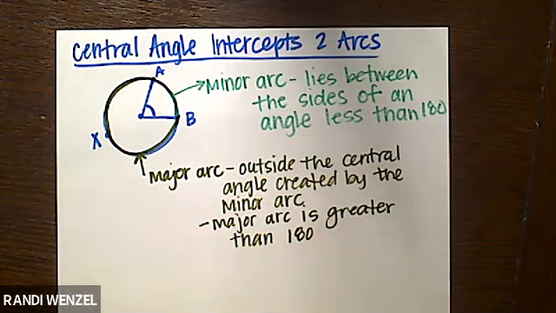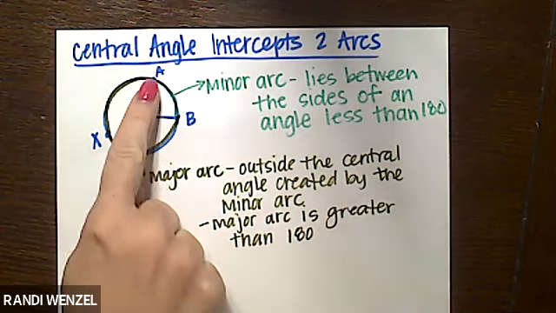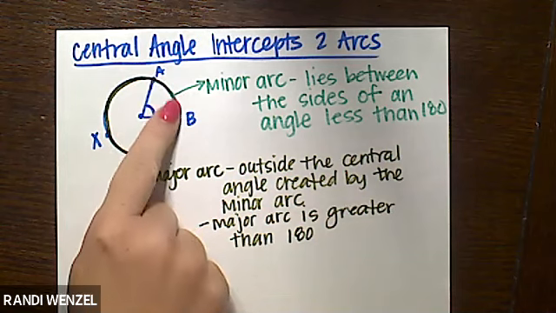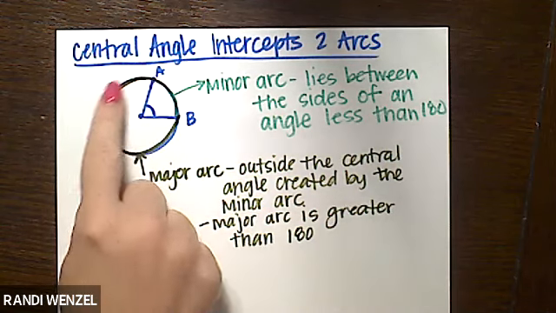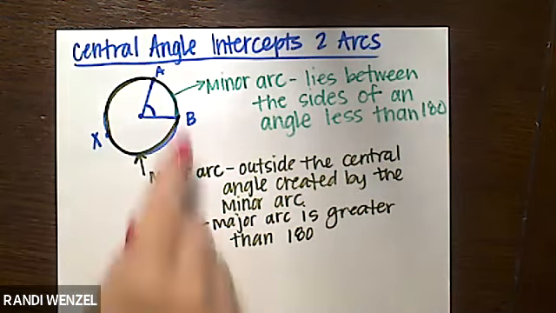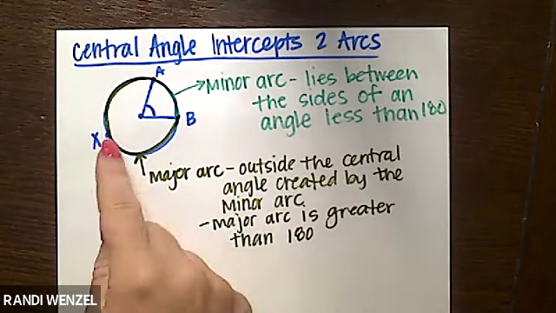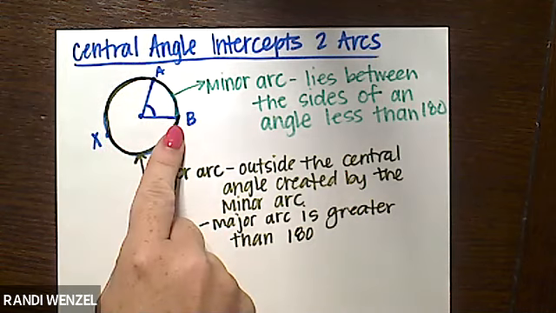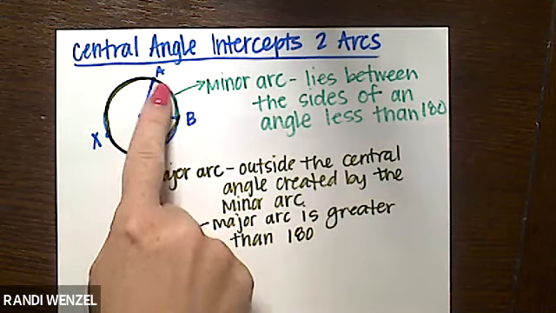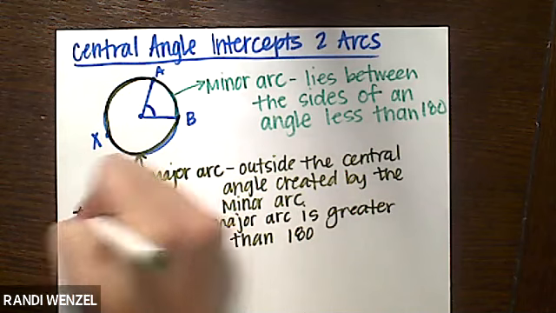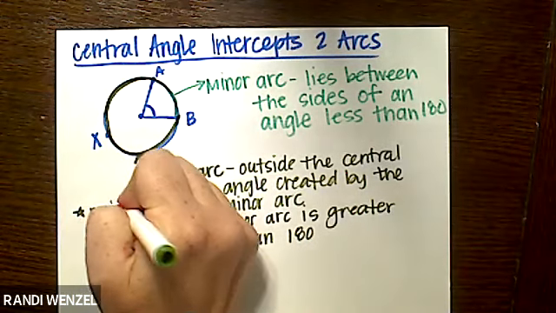Now, to help you understand if I'm talking about an arc and I'm just naming it, minor arcs are always named with 2 letters. Major arcs are named with 3 because they go a further distance. I can't just say arc AB if I'm referring to this major arc, because AB is the smaller one. So major arcs are named with 3 points.